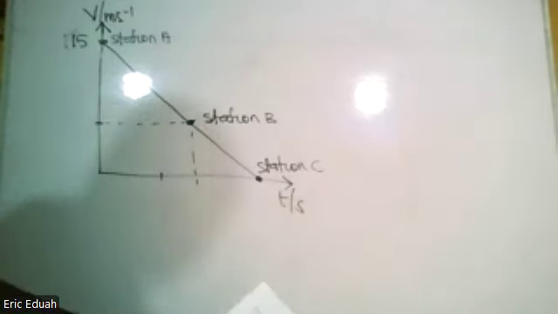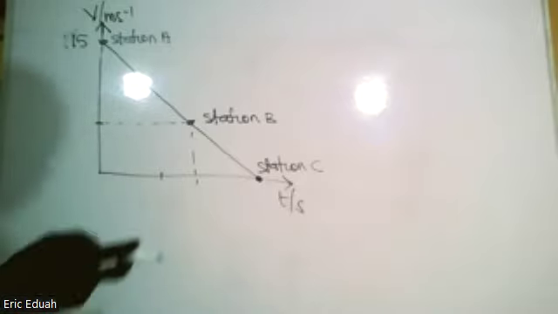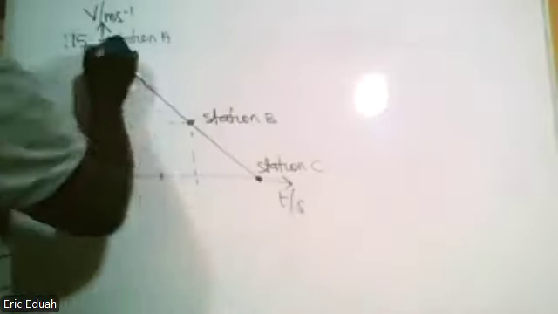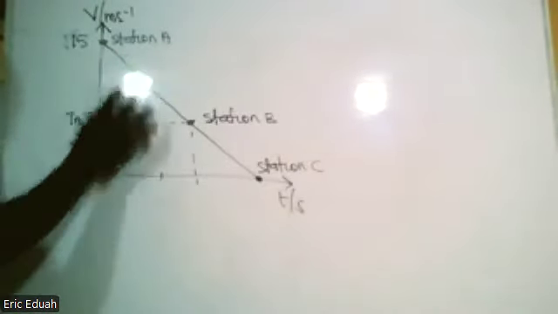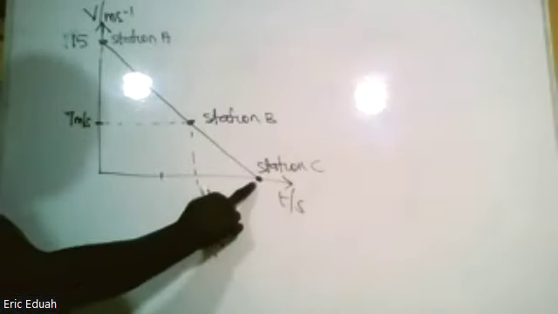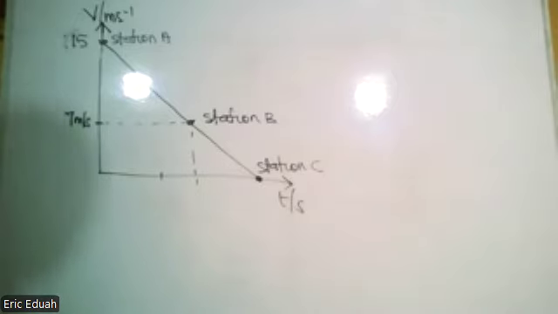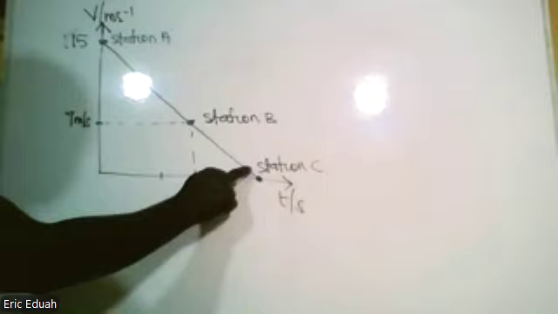Calculate the distance between station A and station B. So of course, we know the velocity at A, we know the velocity at station B, we know the velocity at C. We also have an idea of the distance between station B and station C.